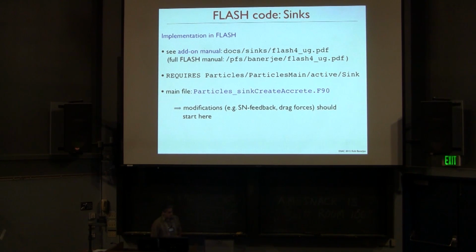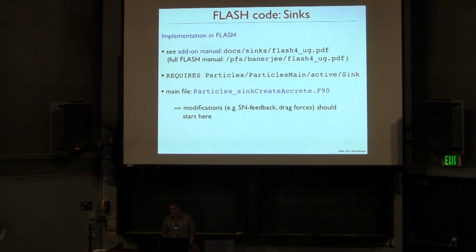Yeah, I mentioned this yesterday already. So there is an add-on to the manual in the directory doc sinks, and strangely enough, this manual, so this is something you find in your Flash hierarchy tree, has the same name as the original manual, which is not distributed in the file I gave you, but it's in my home directory.